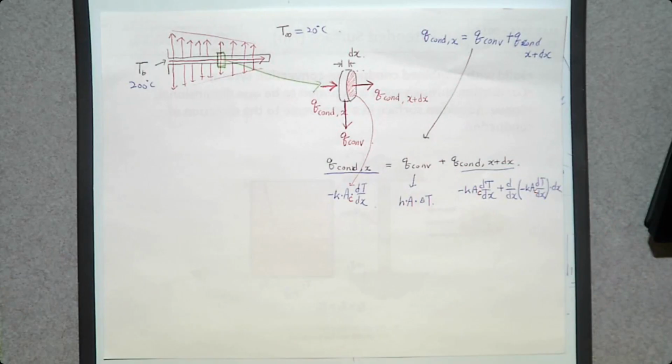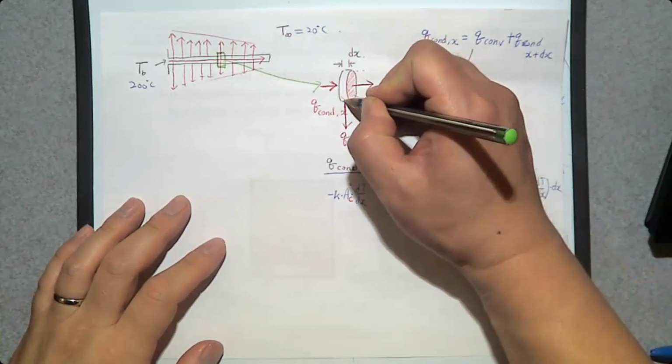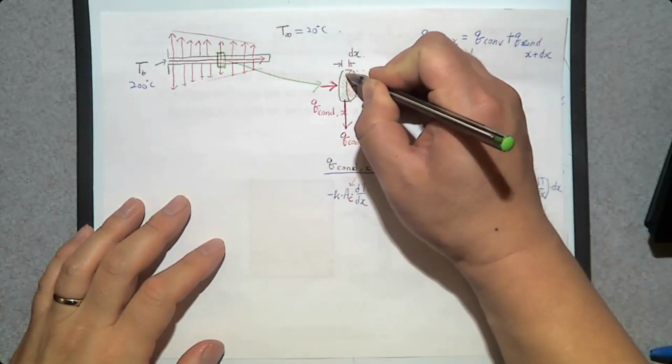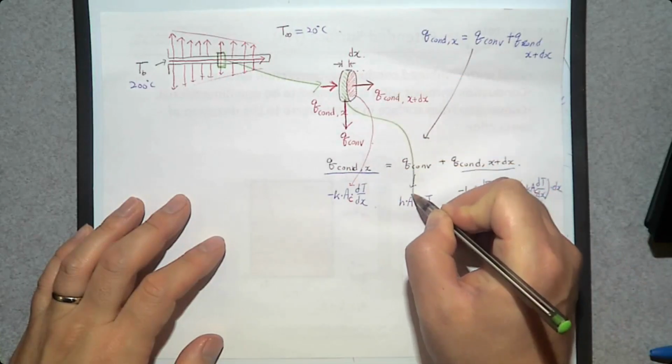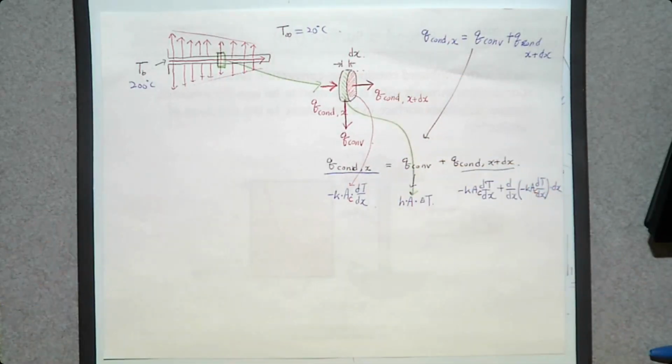Then what about this area? This is the area where convection takes place. Does convection take place this way? No, to the surroundings. So convection takes place on the side surface. This green is this area.